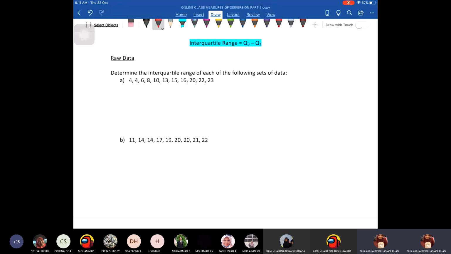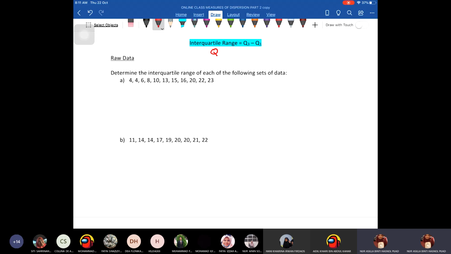So now, the next subtopic we're going to go into interquartile range. Okay. So interquartile range, usually we put as symbol dia SQ. Okay. There's no number.